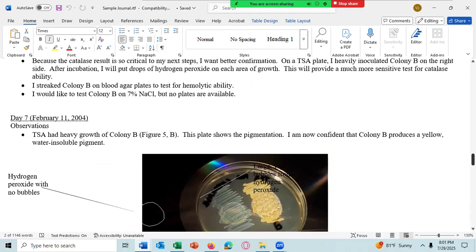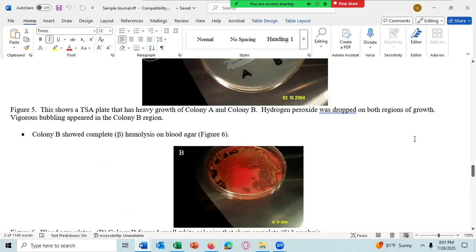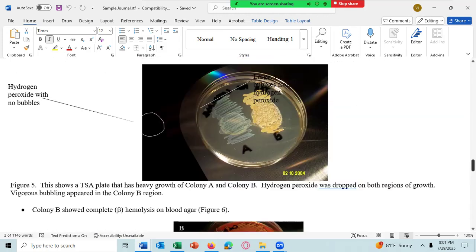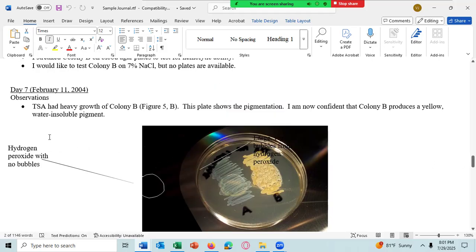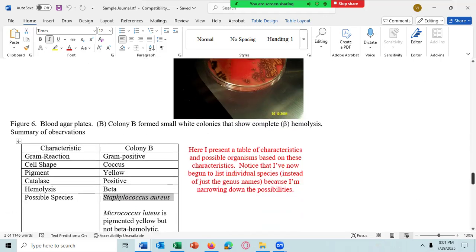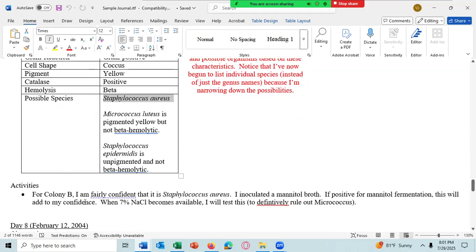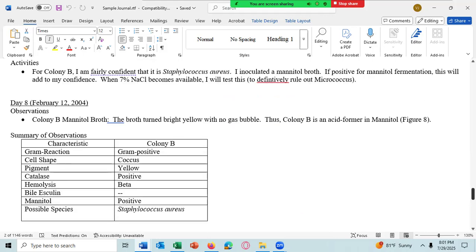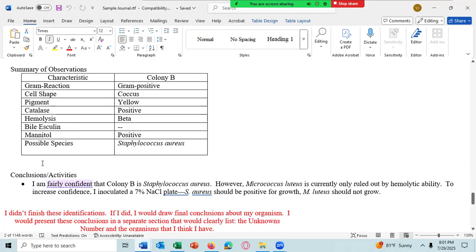All right. So a good thing to do in your report is break it down into your observations and the activities that you're running on that day. And for you guys, that would just be the test request for that day. And then he doesn't have it here, but on some other days, he's got a conclusion. This day here, he's got a conclusion.